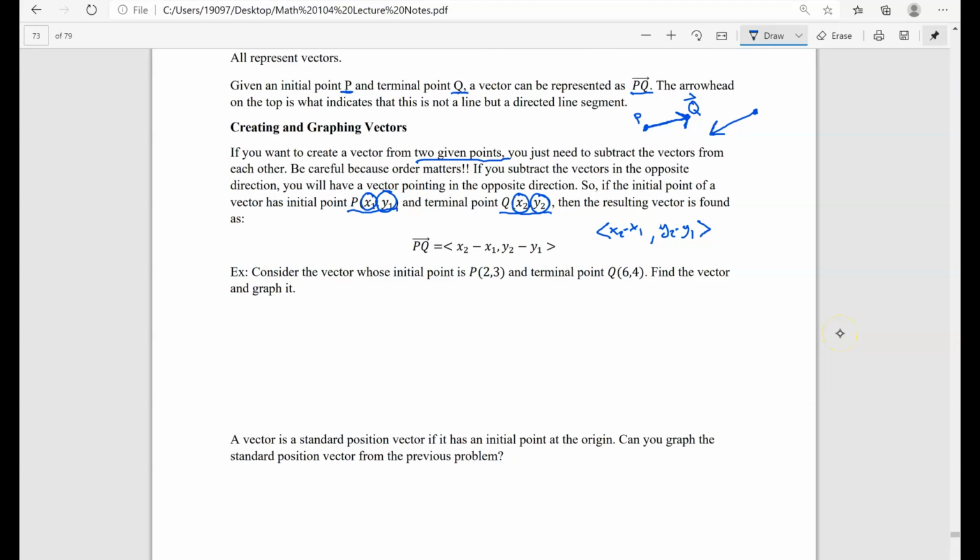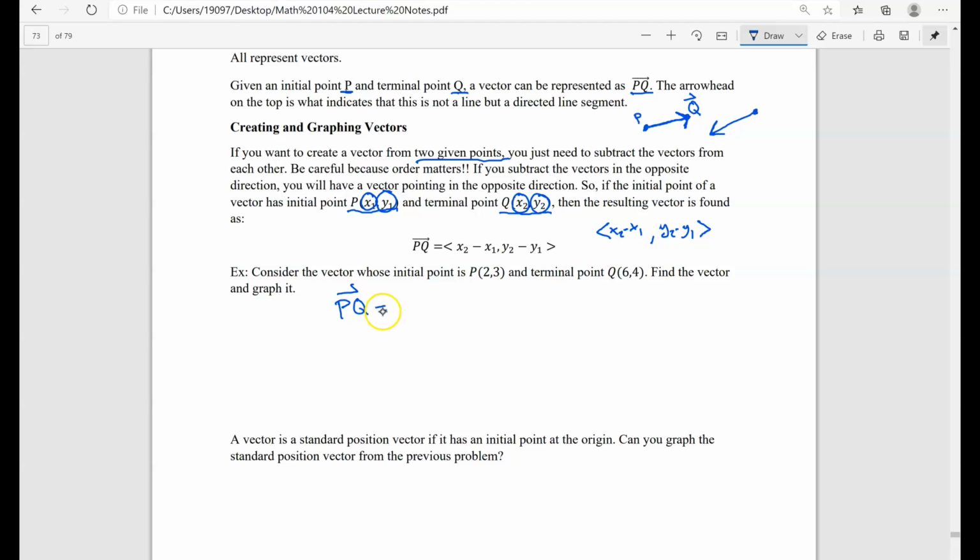The first thing is to consider the vector whose initial point is (2, 3) and terminal point is (6, 4). Find the vector and graph it. First we want to find the vector PQ, and we're going to write PQ with an arrow. You don't need to write it with two different arrows. You can write it like that, or I usually just write it like this.